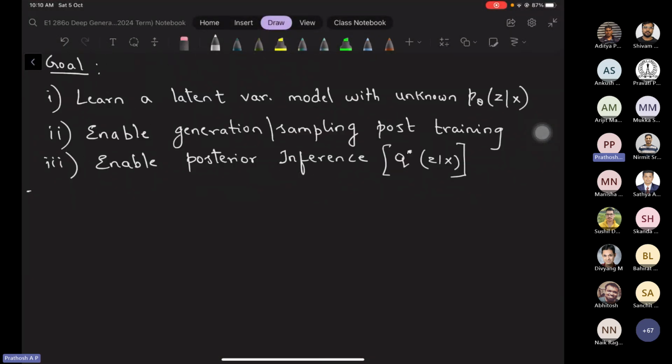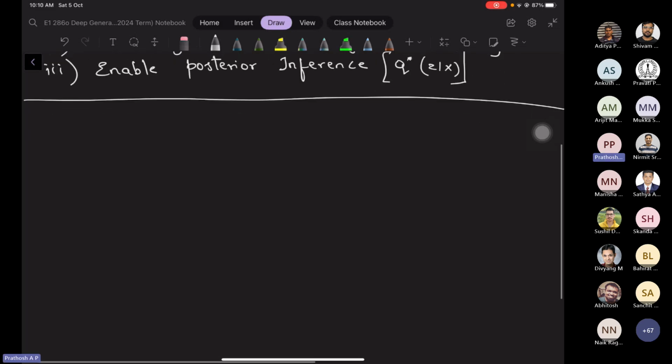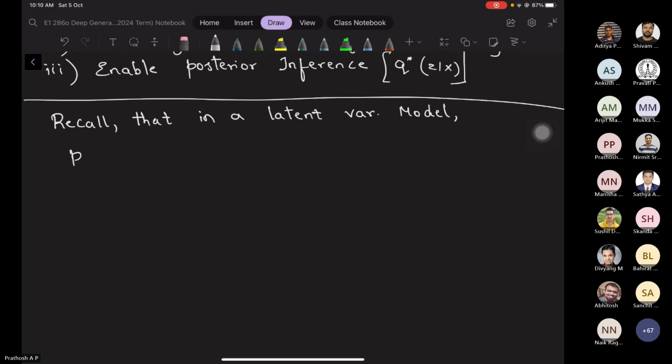Now, recall that in a latent variable model, p theta of x is given by the integral of p theta of x given z times p theta of z dz.